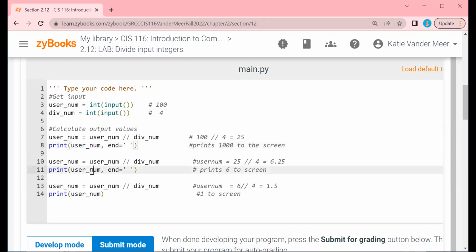Oh, okay. Can it be used in the middle of the print statement? For example, print user number, and then another statement that needs an input. Can it be used to separate the two?